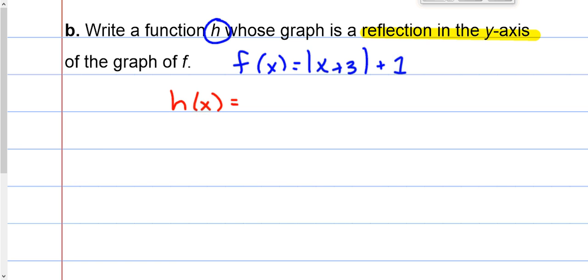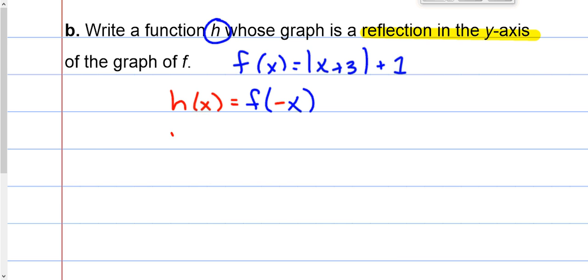Well, think back, a couple of slides back, we said that if you have a reflection in the y-axis, that negative is on the inside. So I'm going to have f of negative x. So just like before, I'm going to rewrite this whole f of x function, but in each place where there was an x before, now I'm going to put a negative x.